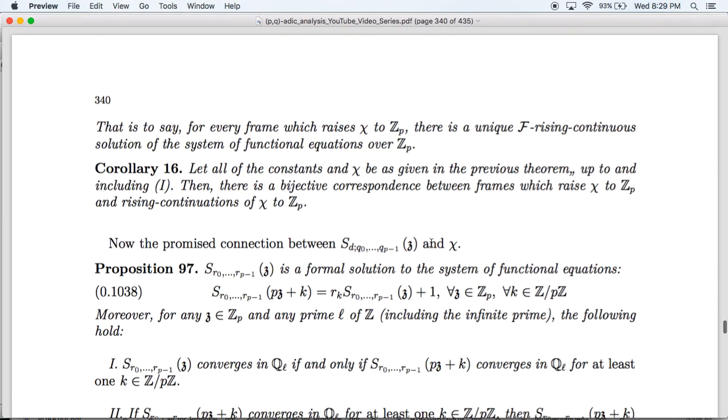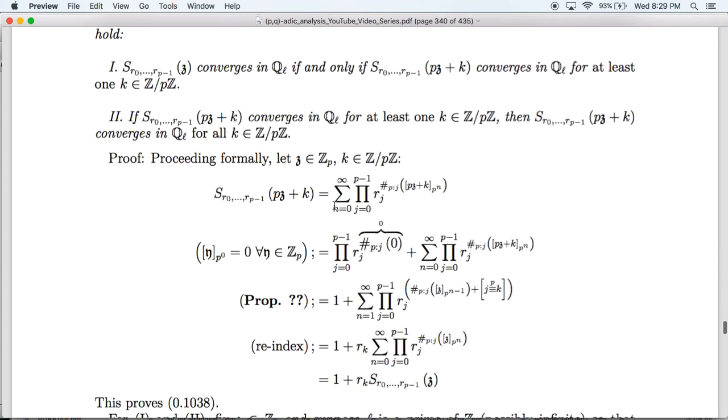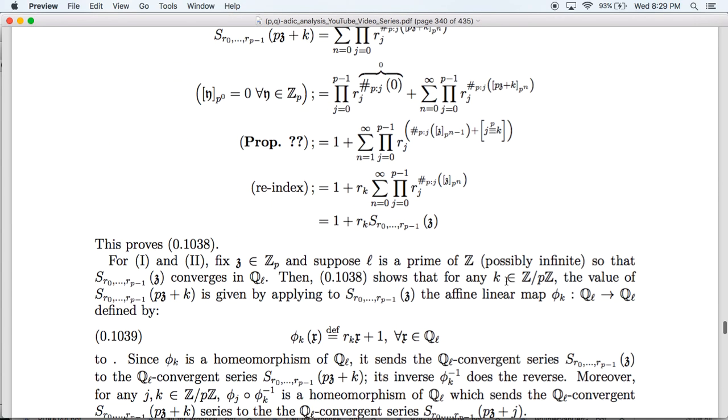Then this formula here says that for any value of k, we can get the value of the series at pz plus k by applying this affine linear map to the F series at z.